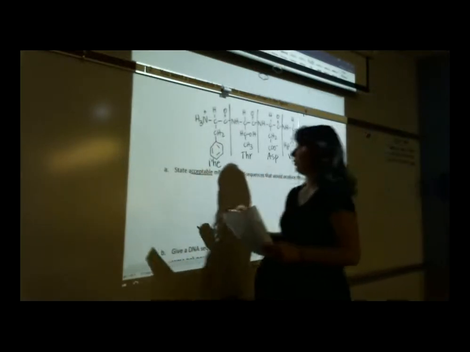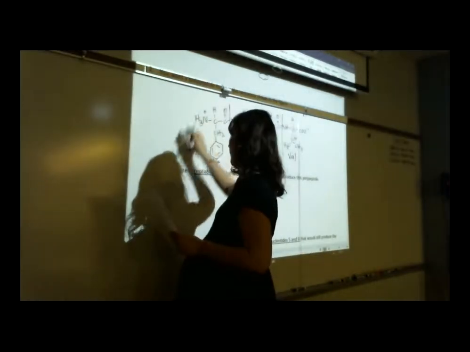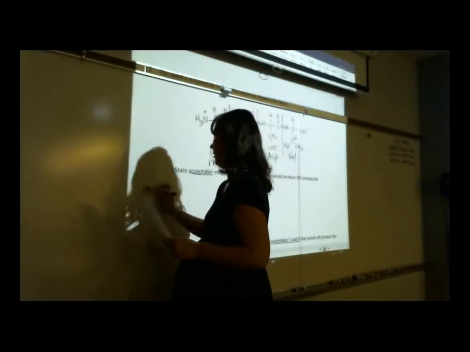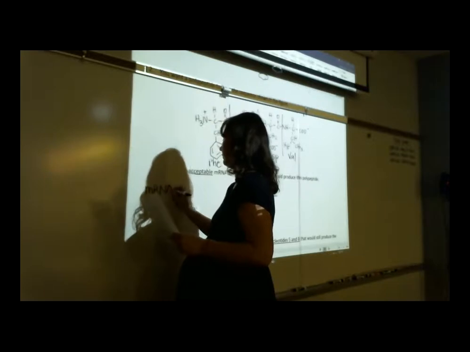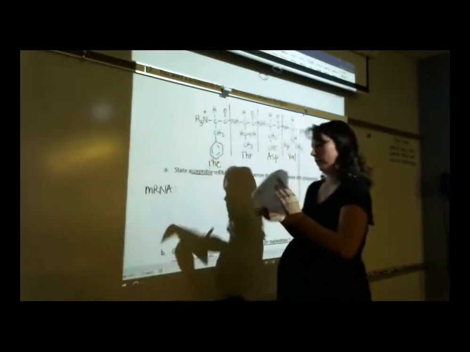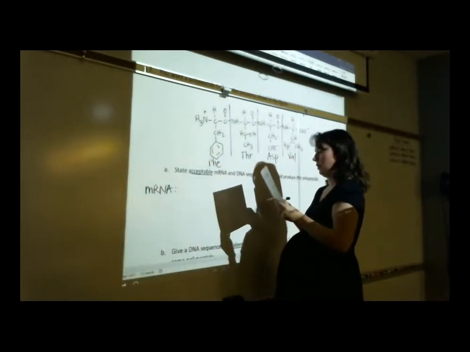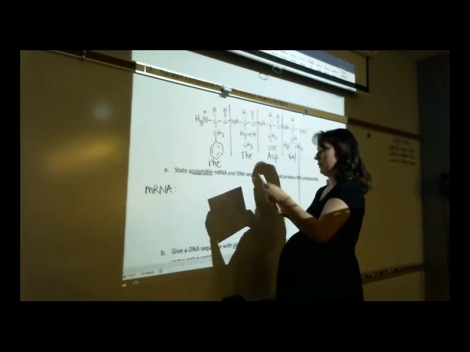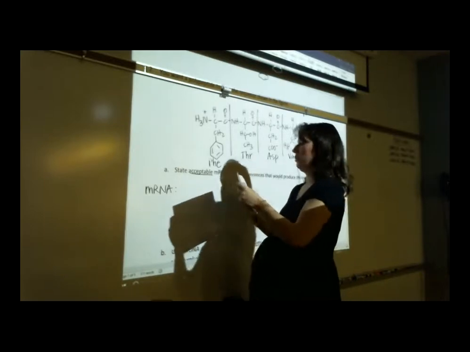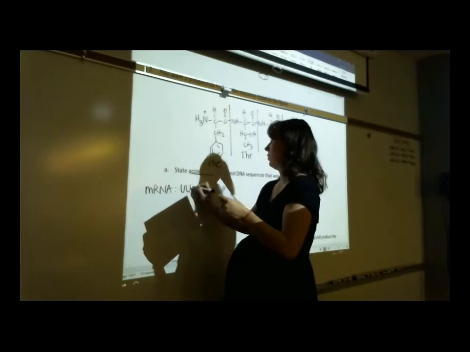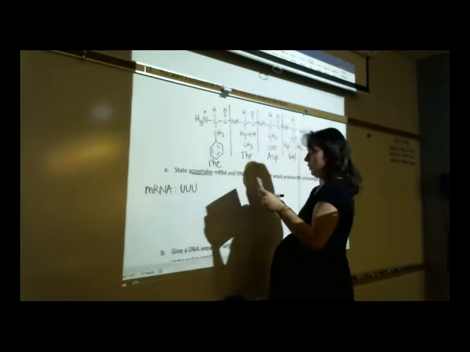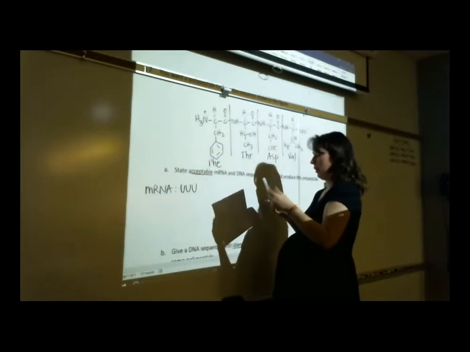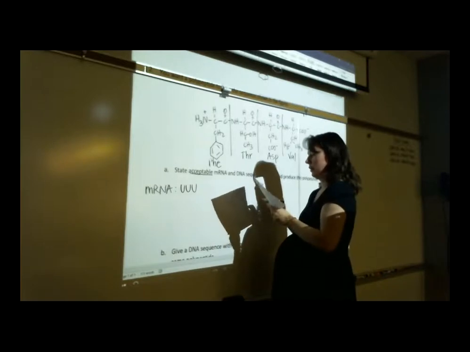So let's go through the process of turning this back into mRNA. So, phenylalanine, there are 2 choices. I'll just pick U. For threonine, there are 4 choices.